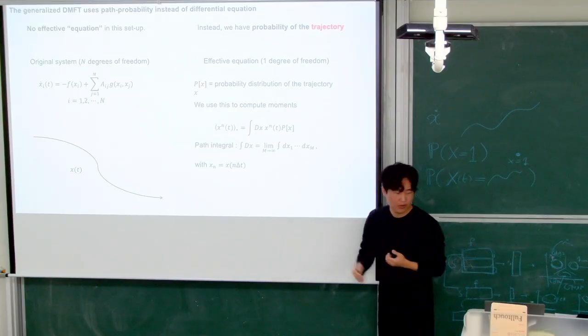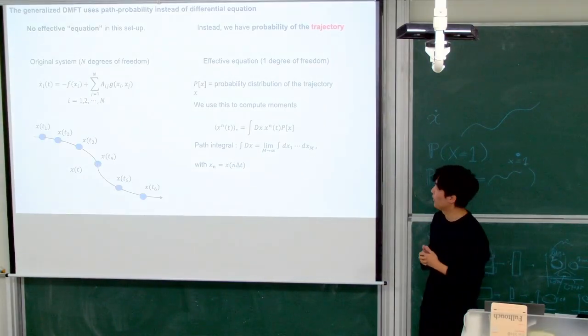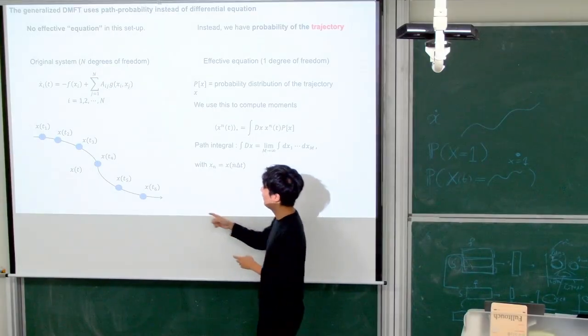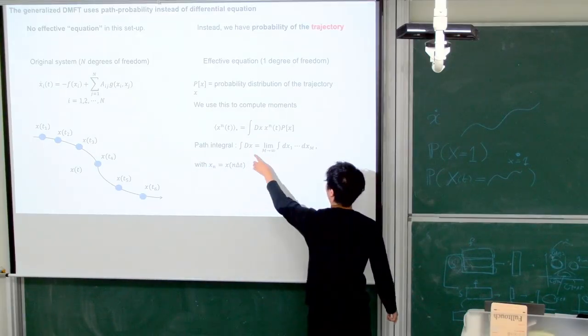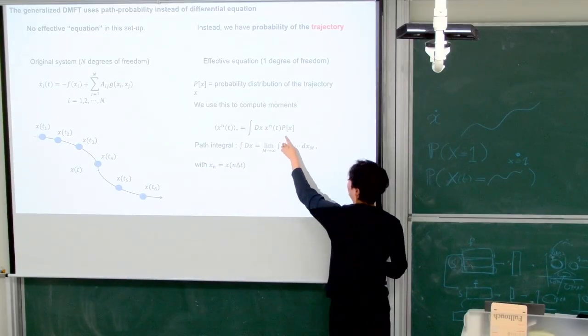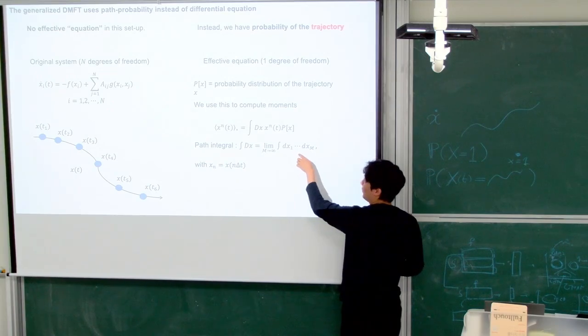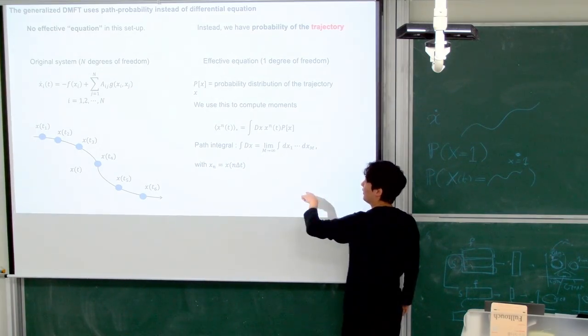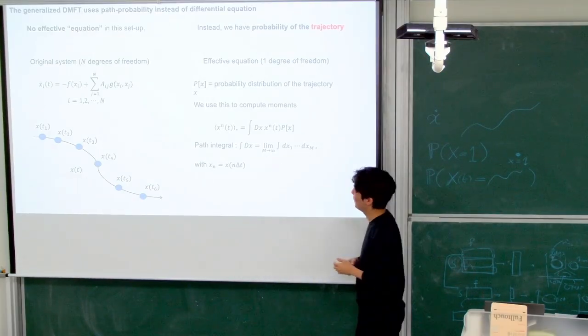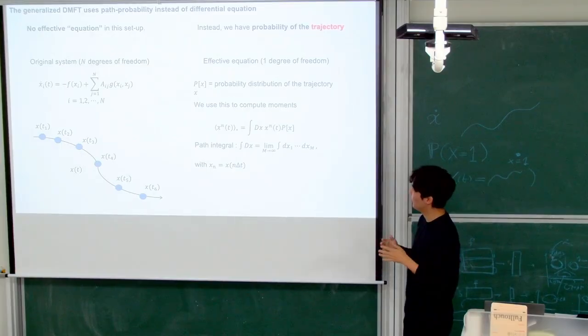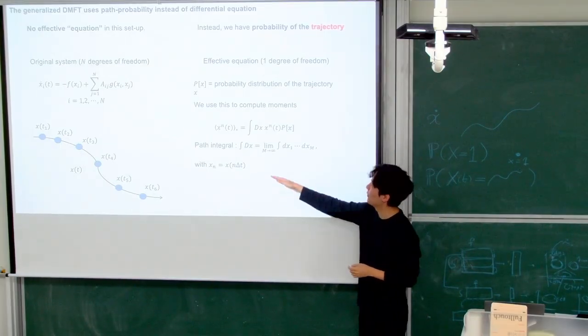You first study the discretization. For instance, if you have 6 points, then this integral is approximately an integral over 6 variables. Now you send the number of points to infinity, and you have the path integral.